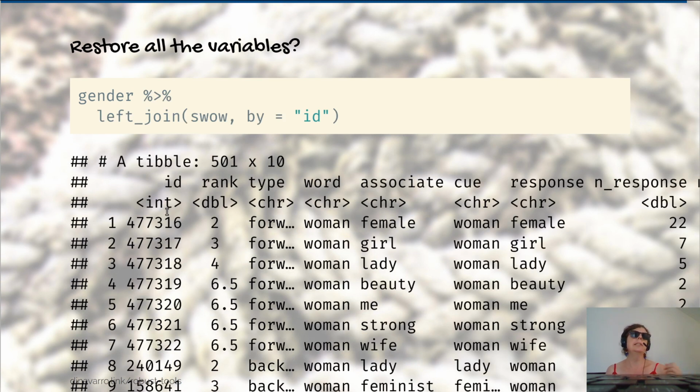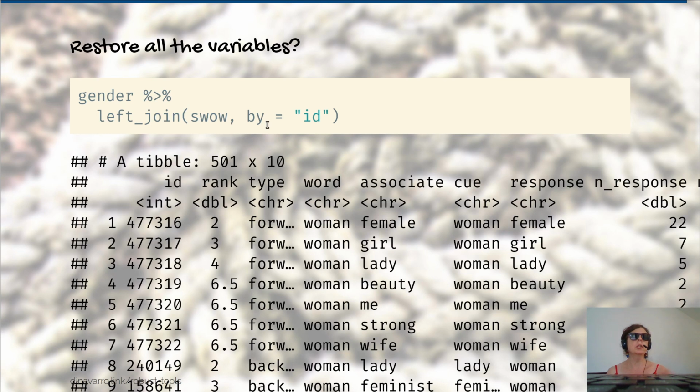And all I need to do is to say, okay, can we join these two things together using that ID variable? So what I'm going to do is say, okay, we take the gender variable, and then what we're going to do is grab all the other variables from small world of words and shove them back into this data frame, and we're going to use the ID variable to do that mapping. So we're mapping it or joining it by ID.